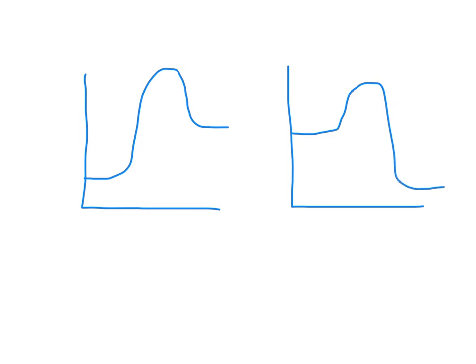And what can we say about these two enthalpy diagrams? Well, here the reactants are less than the products. So if we said products minus reactants, we would get a positive sign, and this would be an enthalpy diagram of an endothermic reaction.